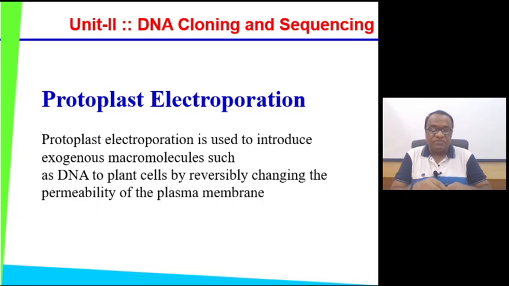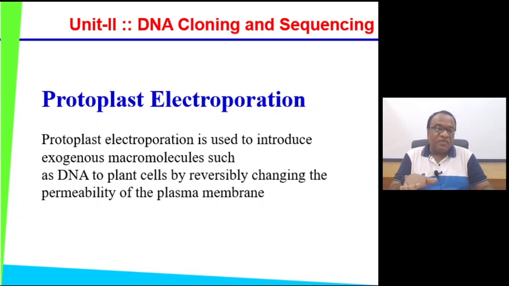So, as I said earlier, the direct methods are dependent upon making physical and chemical changes to the cell wall and membrane. Protoplast electroporation is also about the same thing, making changes.